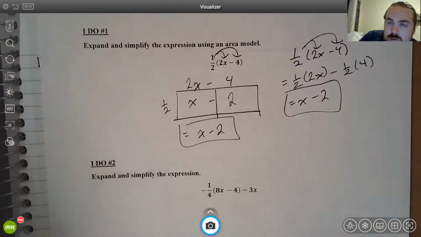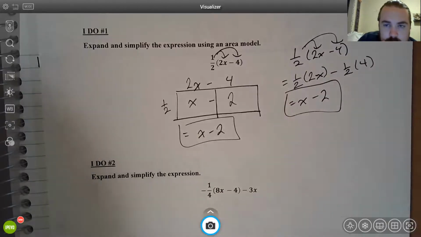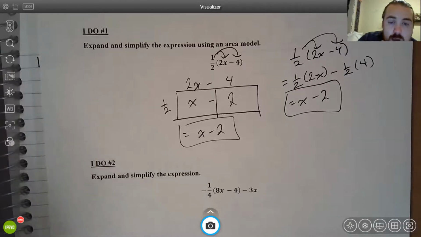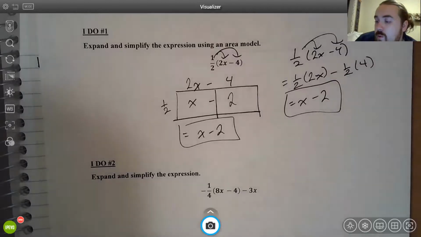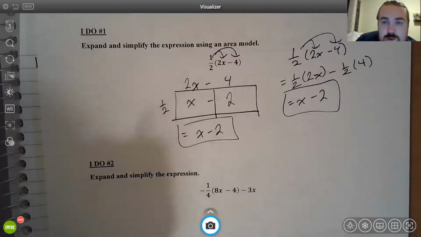Whether you use the area model or the arrow method, and you should feel comfortable now using whichever one is best for you, you can always use either one. Always draw the arrows though. You should get the same answer. Just please make sure that you're being very careful and writing out each step.